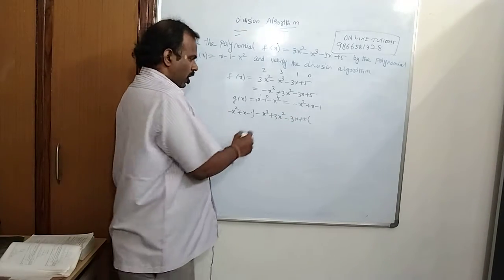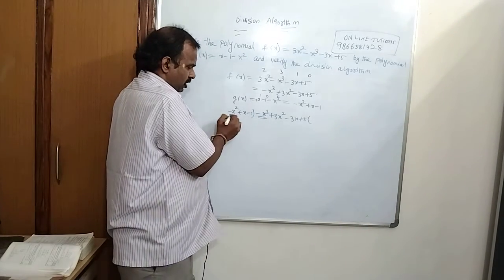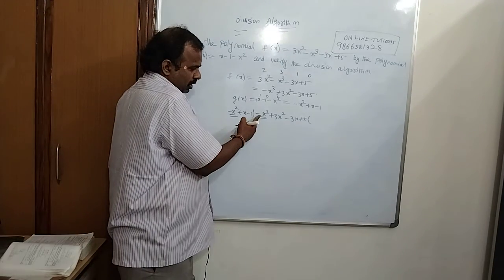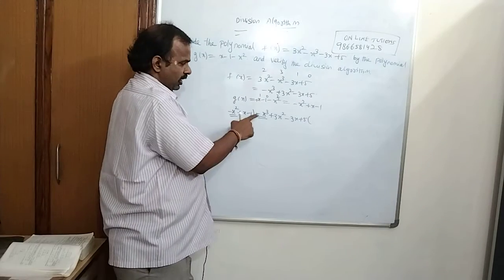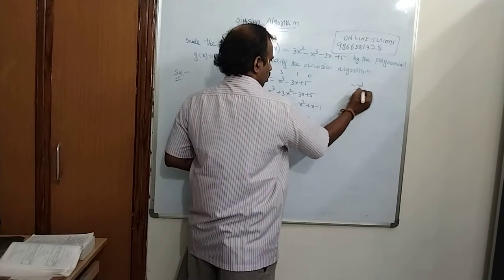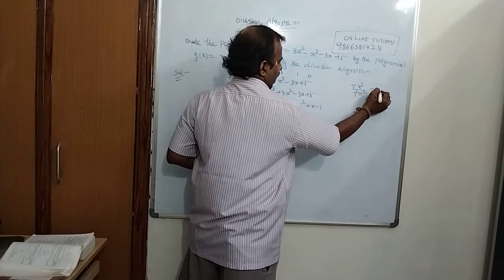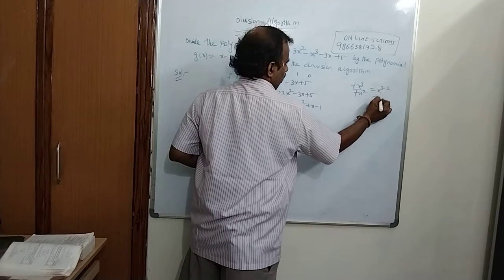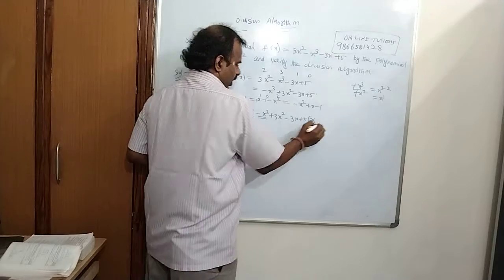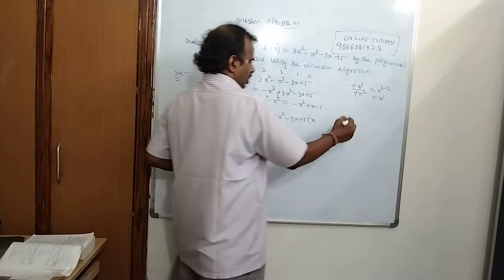Now take the first term in the dividend, and take the first term in the divisor. When you are taking, you have to take even the sign. Here it is minus and here it is minus. So minus x cube by minus x square, minus minus cancel, x power 3 minus 2, that is x. So write here x. Now multiply this entire trinomial with x.